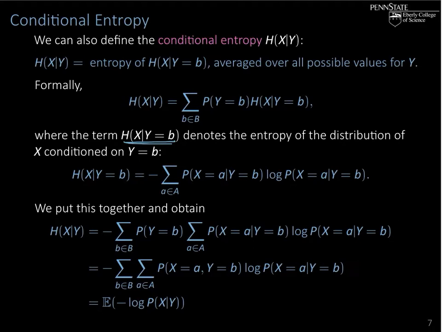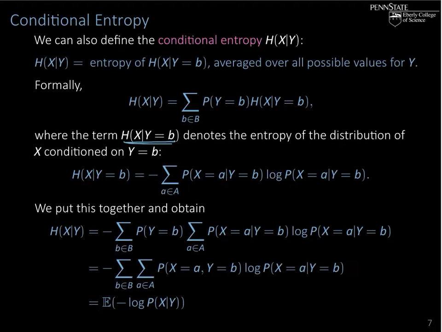We fix Y as b, so to say, and this conditions and redistributes X, and now we just take the entropy of that redistributed random variable X, according to the usual formula, namely log of the probability times the probability.